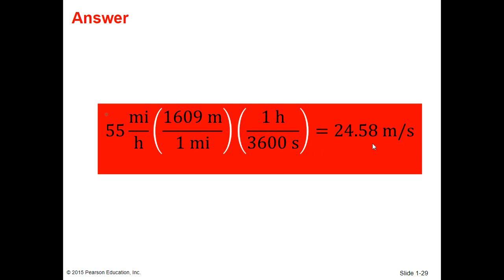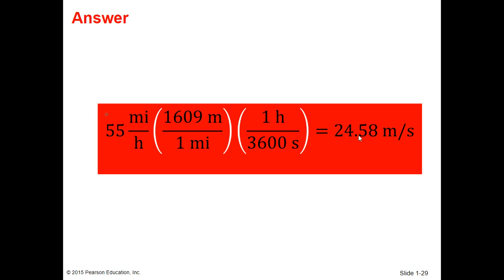Now, again, I wrote my answer. This answer has 4 sig figs, right? 24.58. But if we look at when I'm multiplying here, you can only be as precise as your least precise. So this has 2 sig figs. This has 4. This one has 2. So technically, this can only have 2.